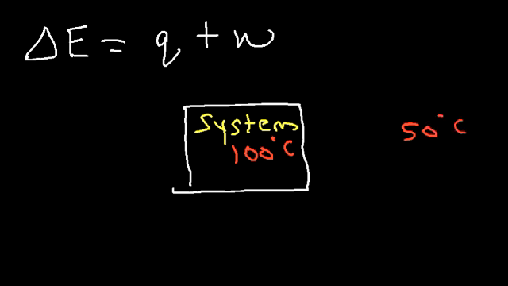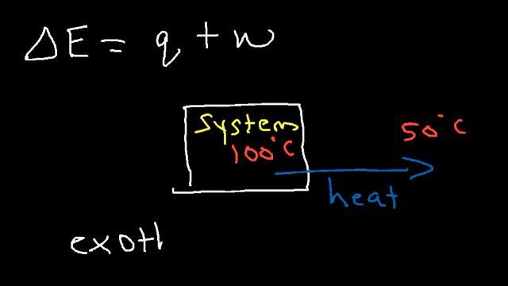Heat flows from hot to cold. So if heat flows out of the system, is it an endothermic process or an exothermic process? And what is the sign of Q? Whenever heat flows out of the system, it's exothermic because heat energy is being released away from the system. And so Q is negative.